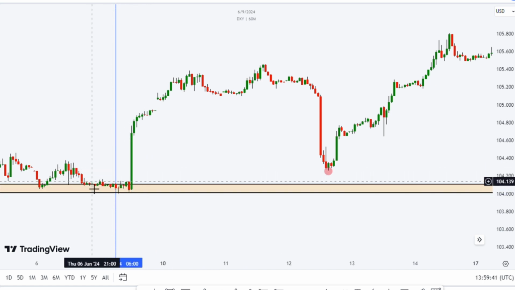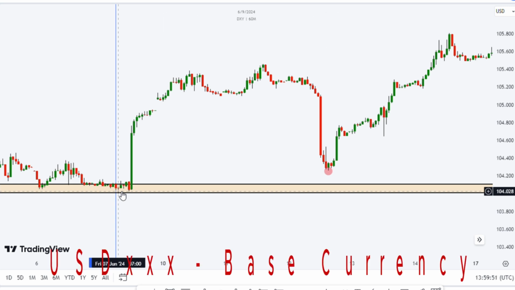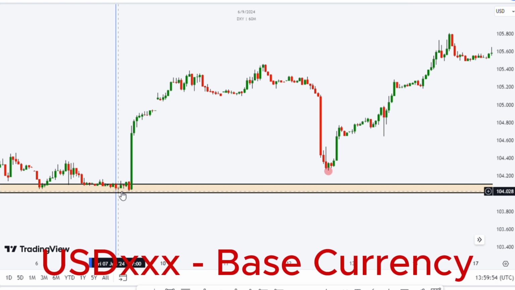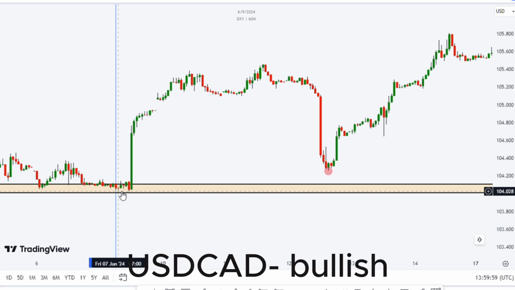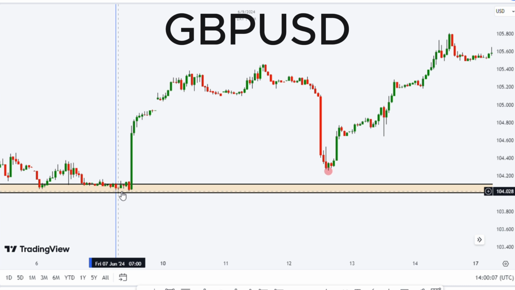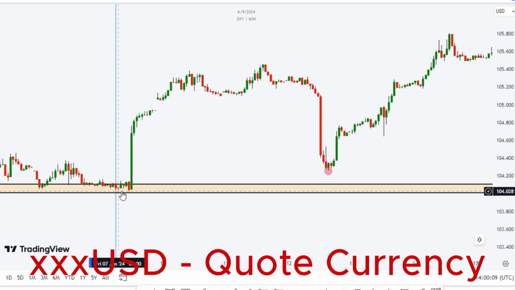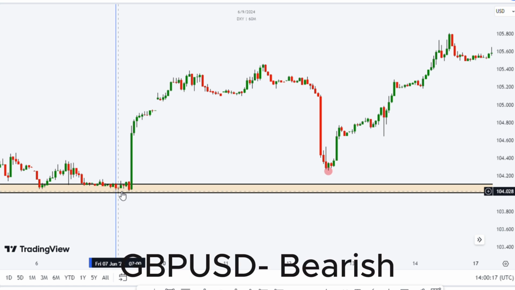Which means that now that we are expecting a bullish move on DXY, if you want to trade a pair like USD CAD, USD CAD has USD as its base currency, and because DXY is expected to be bullish, USD CAD is expected to be bullish. Likewise, if you take a pair like GBP USD, GBP USD has USD as a quote currency, so now that the DXY is bullish, we are expecting GBP USD to be bearish.